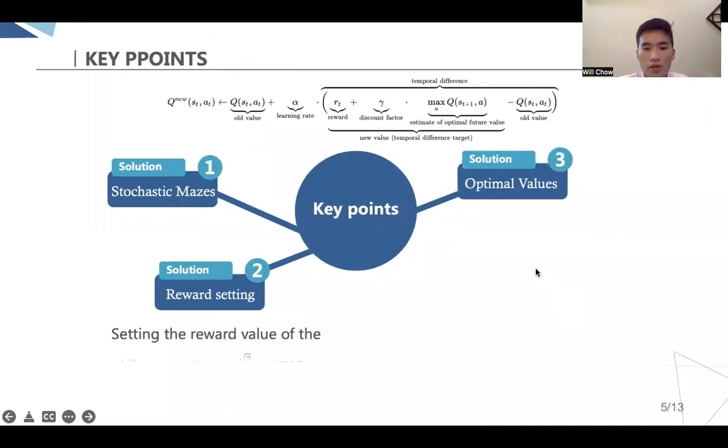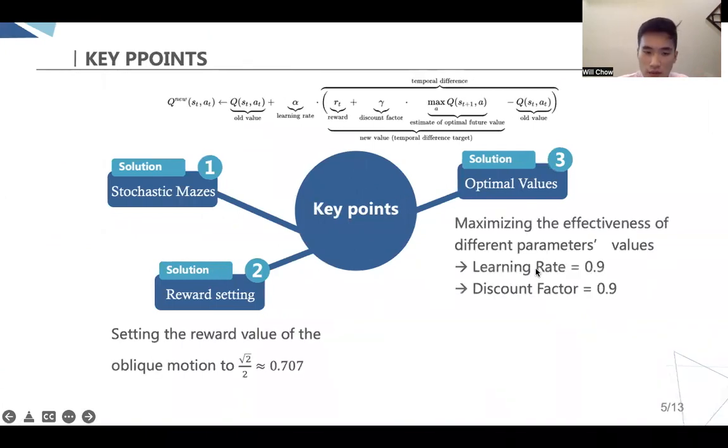Okay, there are three main keys during the experiment. First and foremost, the algorithm should be tested under a large number of mazes with different layouts of the obstacles. In this way, the result will not diverge too far with individual differences. Second, in order to make the whole circumstances closer to our real life, the oblique motion is introduced.